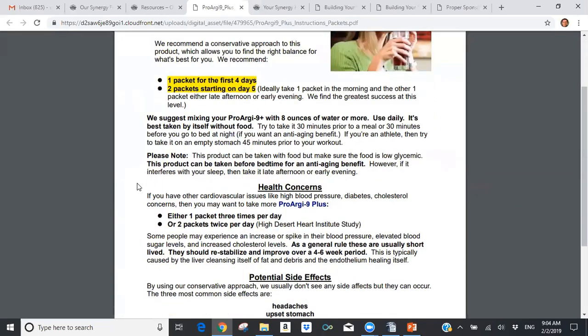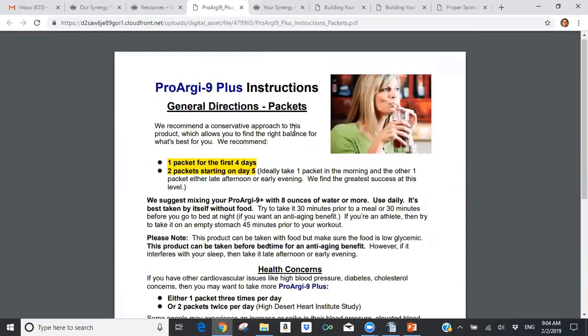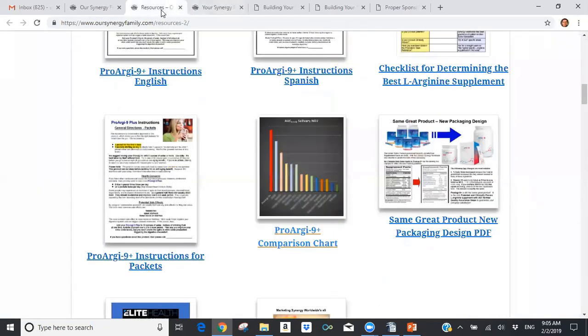For men looking for a sexual health benefit, they can take that one packet 30 minutes prior to going to bed. So we've got the general instructions for how to use the product if you're working with the single serve boxes, and that is located on the our Synergy family resource page.